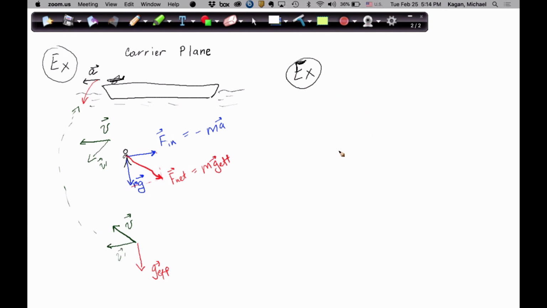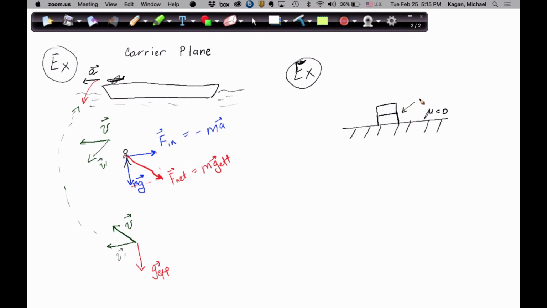Think of this. It was in 2017. You have two blocks on top of each other. And let's say for simplicity, mu is 0 between the bottom block and the surface.